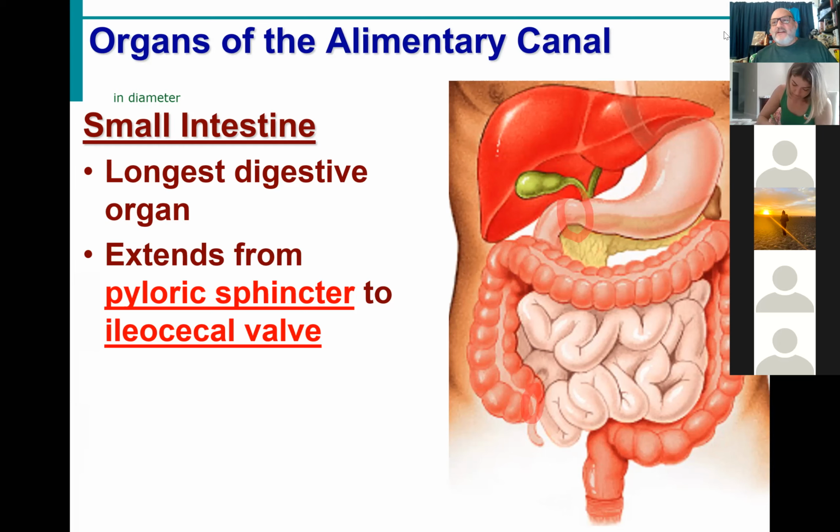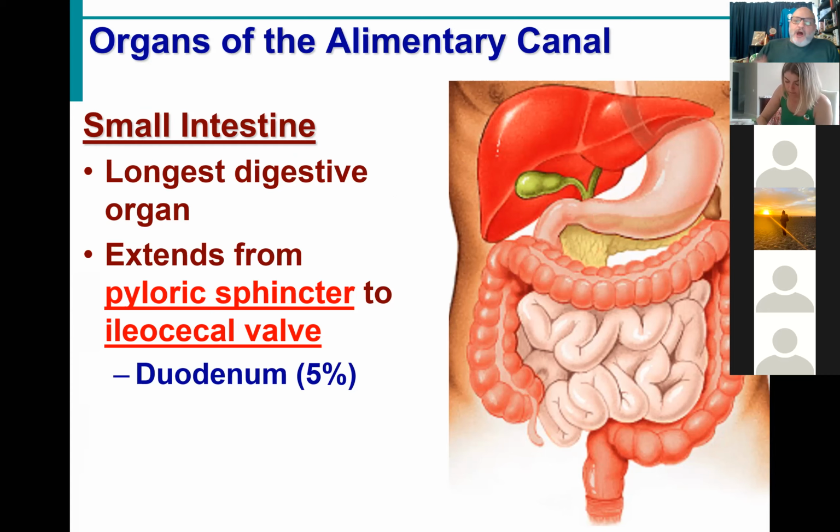It is divided anatomically, but not evenly, into 3 distinct regions. The first, making up only about 5% of its length, only being about 10 inches long. And in fact, that's where it gets its name. Duodenum means 10 fingers. So it's only about 10 fingers long. The duodenum, duodenum, both are acceptable ways of pronouncing it. And more importantly, I don't care how you pronounce it as long as you spell it correctly on the exam. But the proximal part is the duodenum.